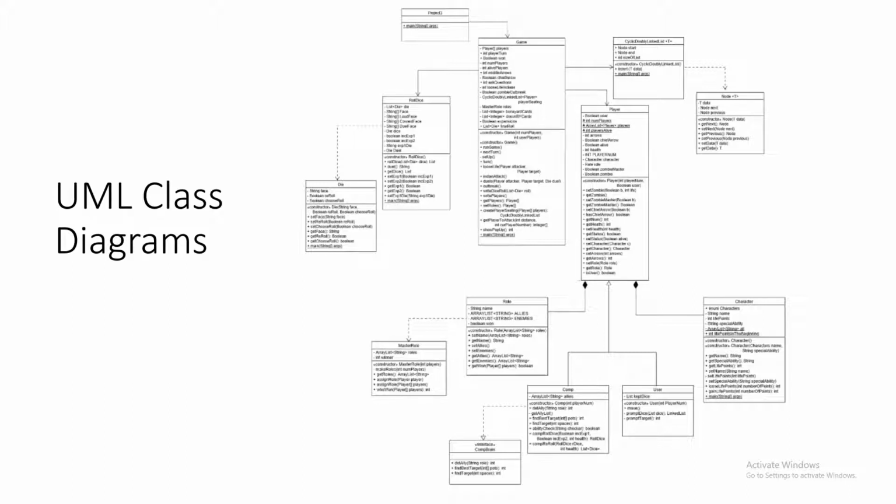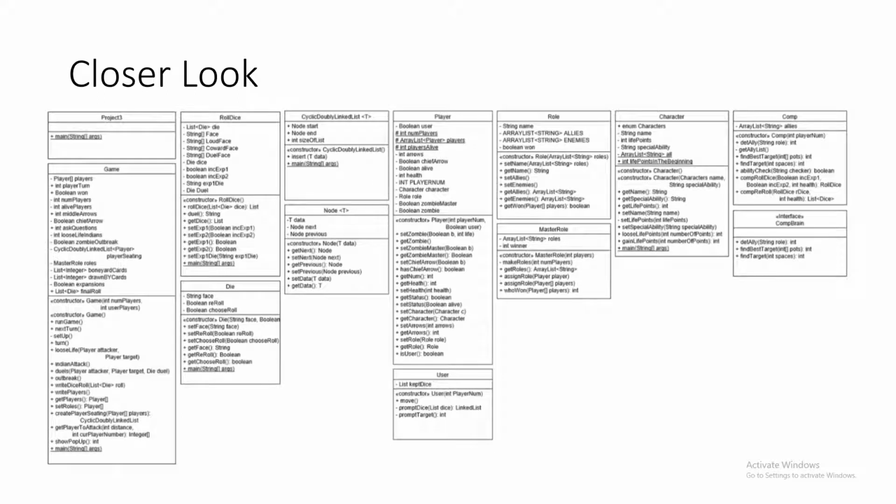Otherwise, nothing would happen. The comp and user inherit from the player class, and the comp brain class is an interface working with the comp. And then these are all the diagrams from the previous page, just blown up larger to be able to see more.